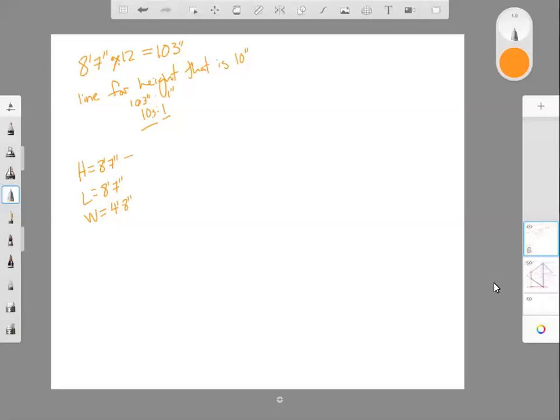Okay, so that's 103 inches, 103 inches, and then that was 56 inches.